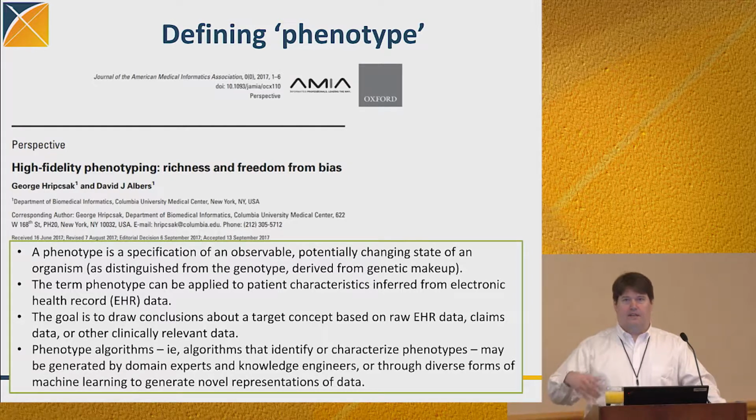If someone can tell you, these are the people that I think have this phenotype, machine learning can analyze all the data and create a predictive model that can identify those people in data without you having to have this really complicated set of rules. So there is a space out there for probabilistic phenotyping as well.